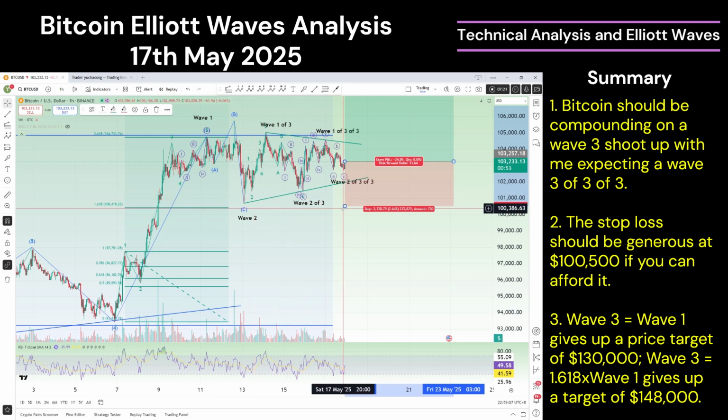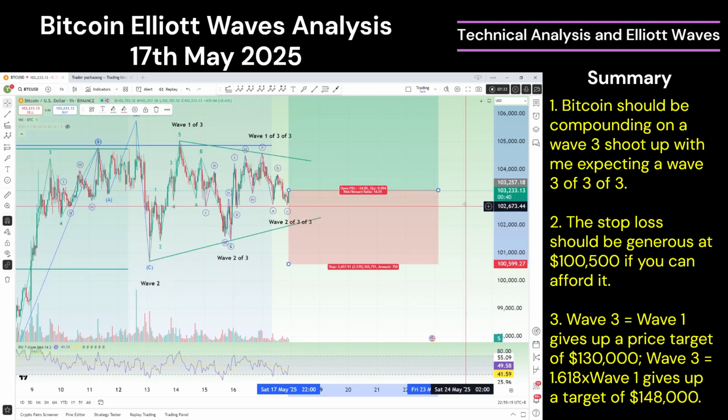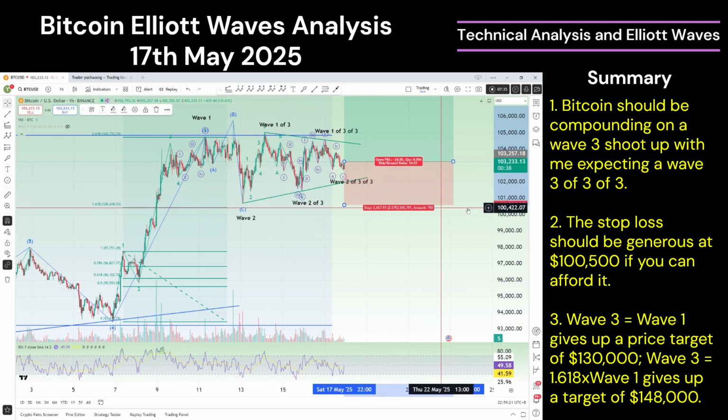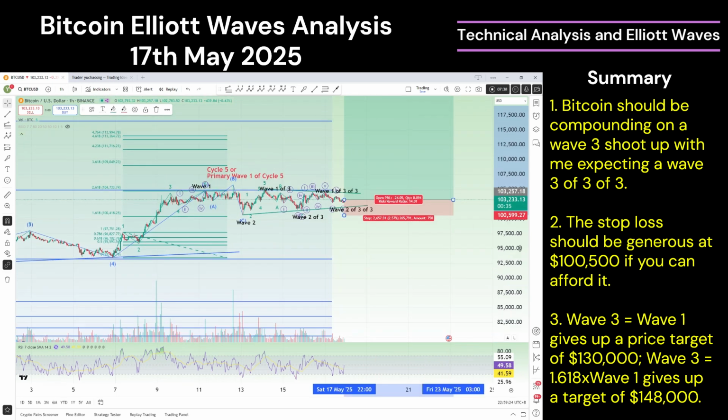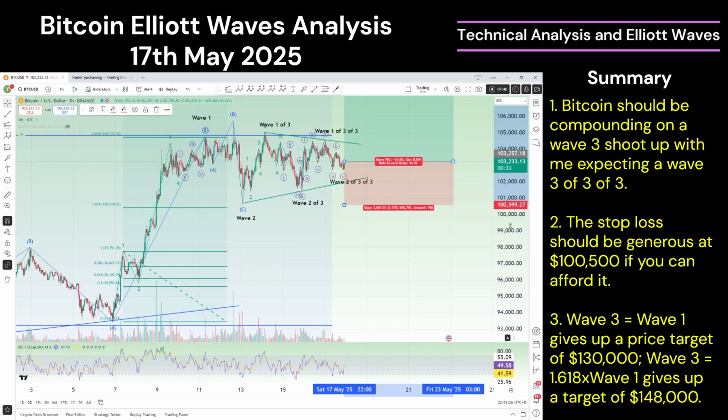Okay, or a more, yeah, this is what I would rather suggest. If you can stomach the risk, just 100,000 itself is also fine. Okay, because no matter how you adjust this, the risk reward is still super good, right? If you're just looking at 1:1, it will be like 130,000. And then if you risk what, 3,000, it is a 1:10 risk reward ratio. I'll just leave this here, right?